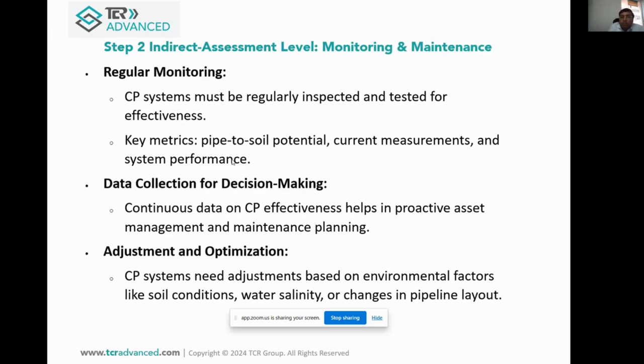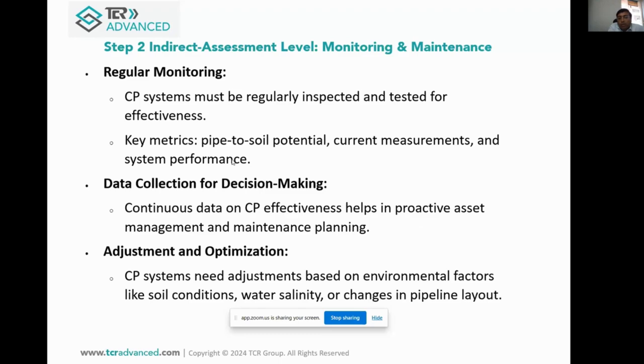Monitoring and maintenance means regular. Our OISD standard 226, even NACE and AMPP standards, and your PNGRB mandate cathodic protection regular monitoring. I will share these things along with the PPT afterwards.